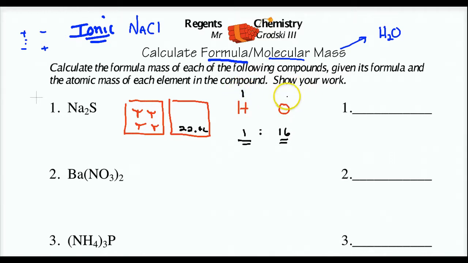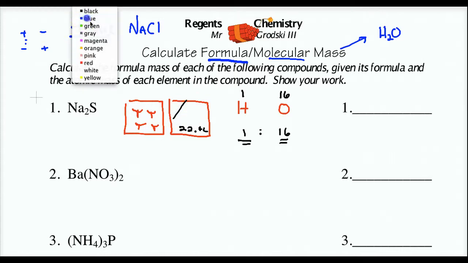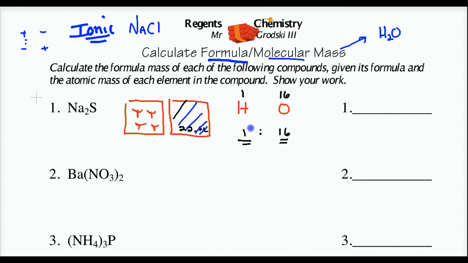We knew the relative atomic mass of oxygen was 16. It was 16 times more massive than the hydrogen. What we did is we picked this container, 22.4 liters. You picked this container because it gave us this ratio in grams that matched the atomic mass for each atom.